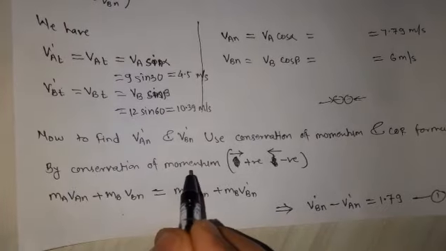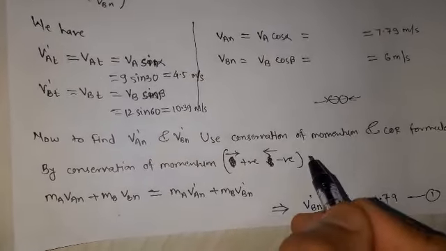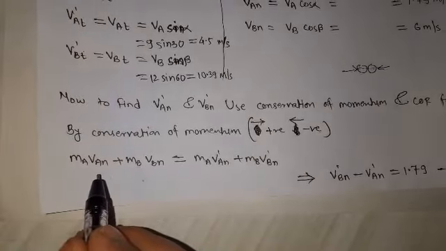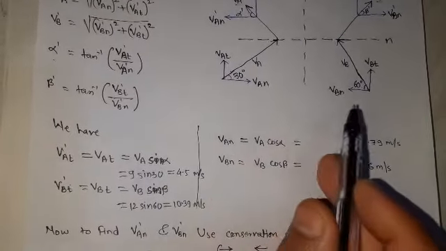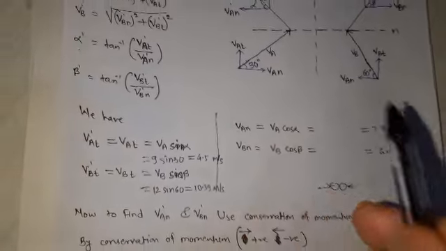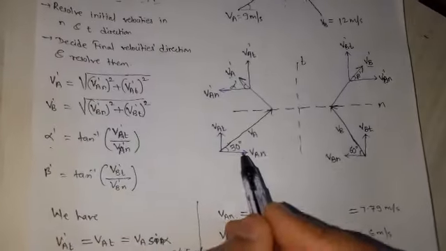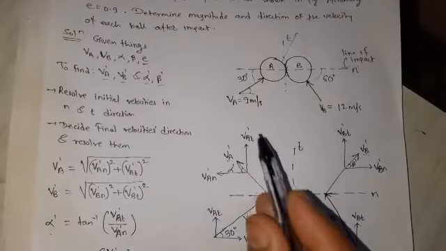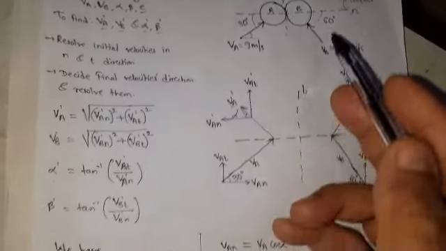By the law of conservation of momentum, treating the right side as positive and the left side as negative, we have this formula: mA vAn. We are dealing with the horizontal velocities only now. The law of conservation of momentum in the horizontal direction: we consider the momentum of ball A in the horizontal direction plus the momentum of ball B in the horizontal direction.